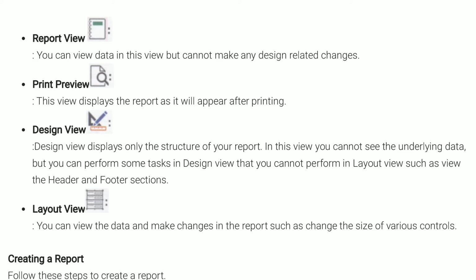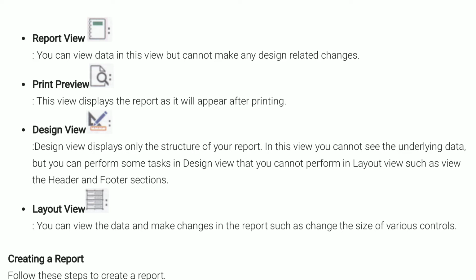First one is report view. If we have created a table and the data is stored in the table, and we are just creating a report, we can view the data in this report view, but we cannot make any design related changes.